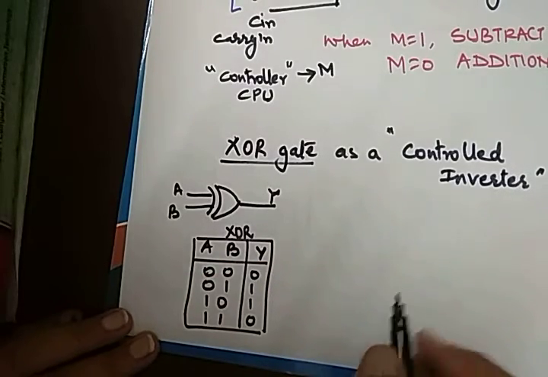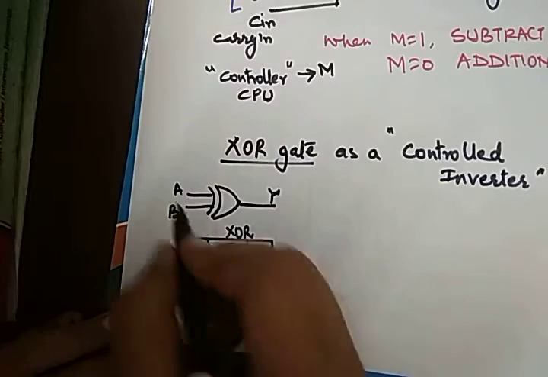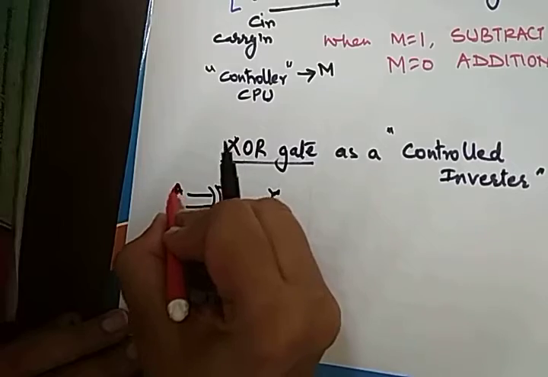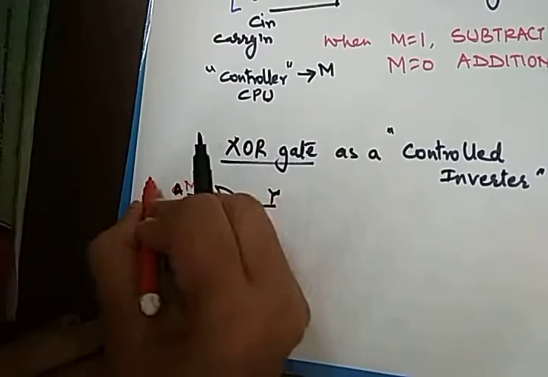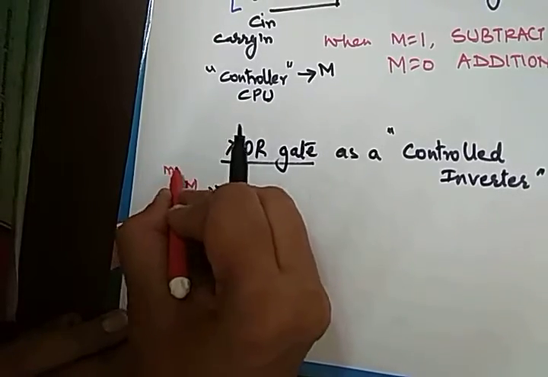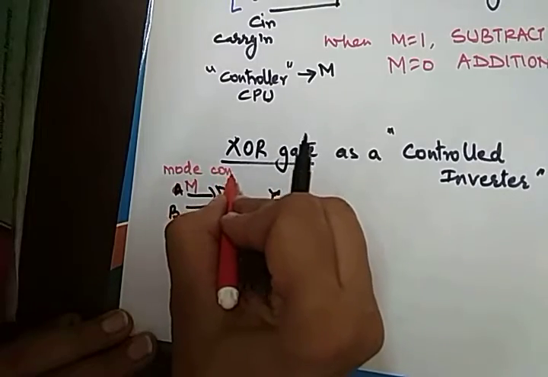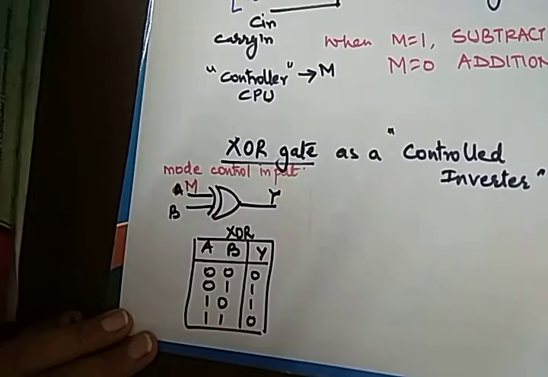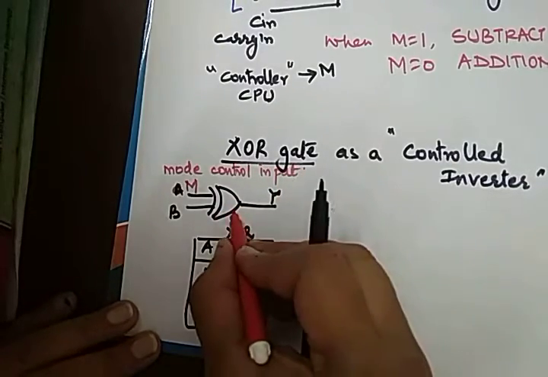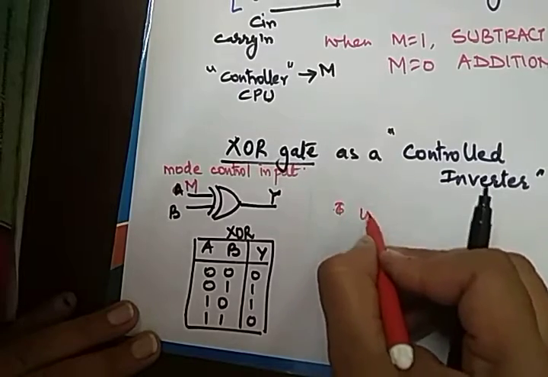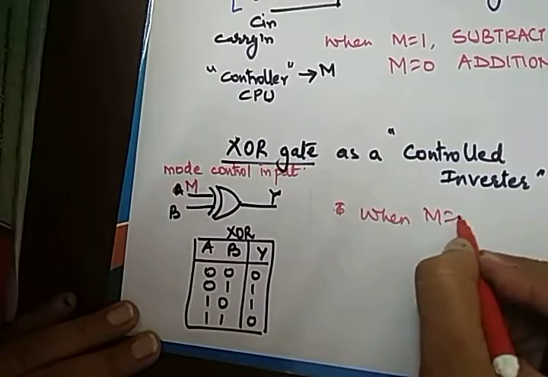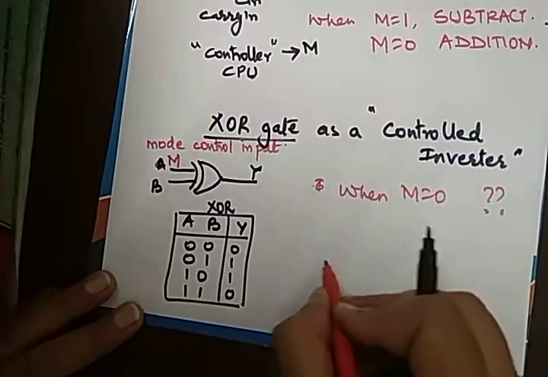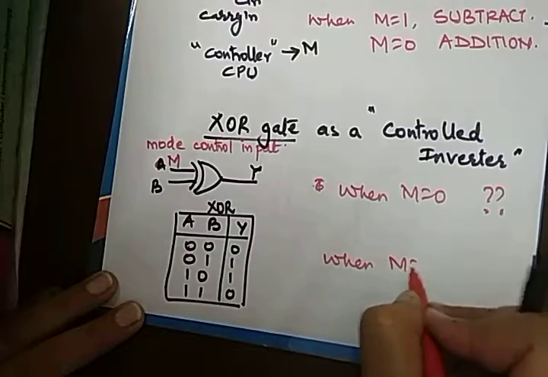Now you just see that if in place of A, I call this input not A but M, which is your mode control input, and we try to see how this gate behaves when M is 0 and how it behaves when M is 1.